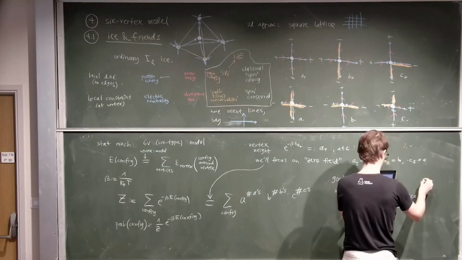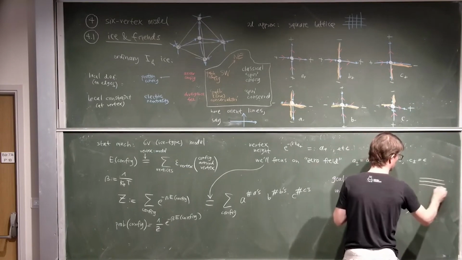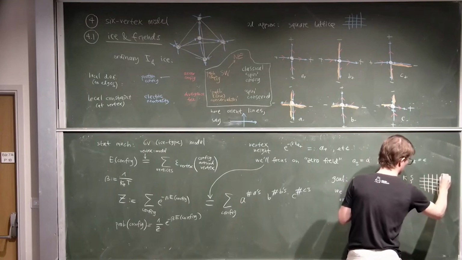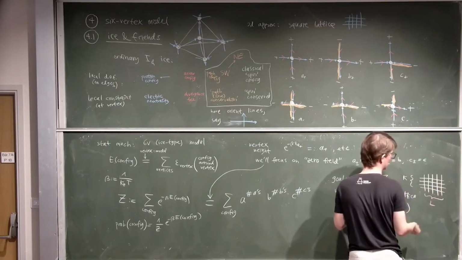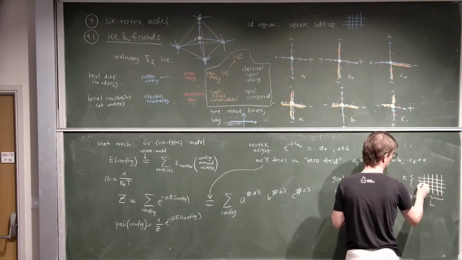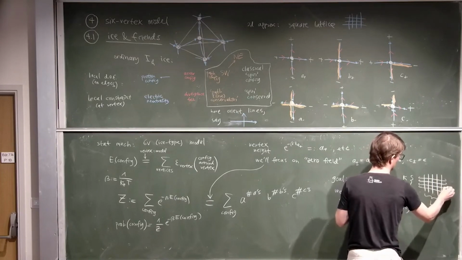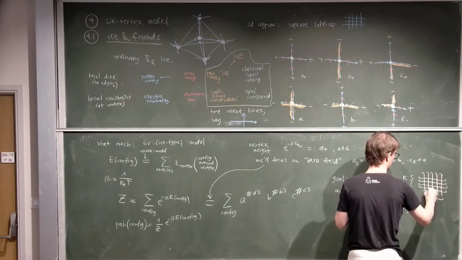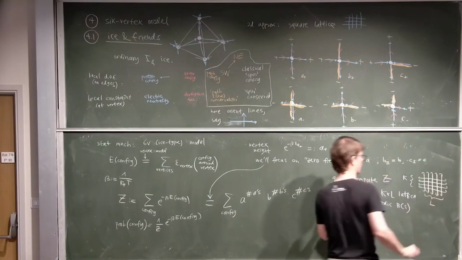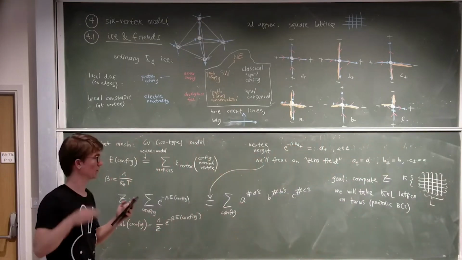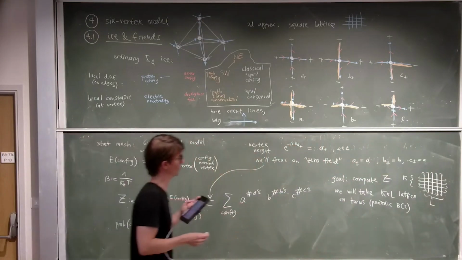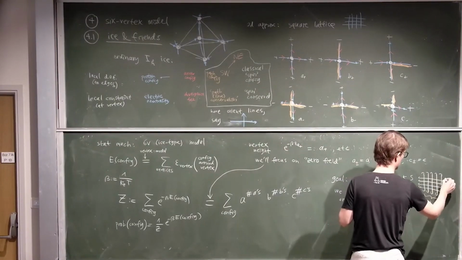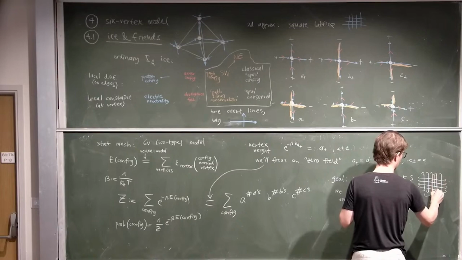I have some K horizontal lines and L vertical lines, and it's on a torus, so I'll indicate with little hooks that these are the periodic boundary conditions, and likewise in the other direction. Right, so I hope the picture makes sense. There's some partition function on the torus. Maybe I should add a few more in one direction just to make sure that K and L are allowed to be different.